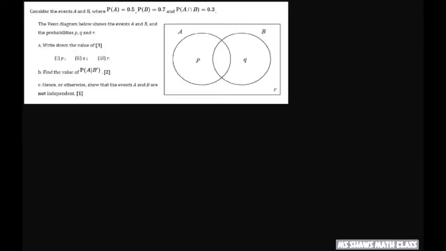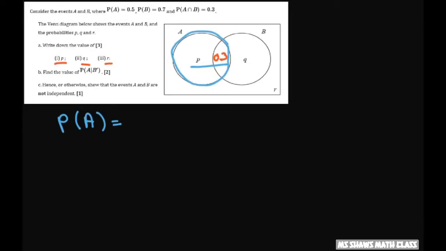So let's get started. What they want us to do first is find P, Q, and R. So for P, what we're going to do is take probability of A, and we know that's going to be P, so that A is this whole thing.